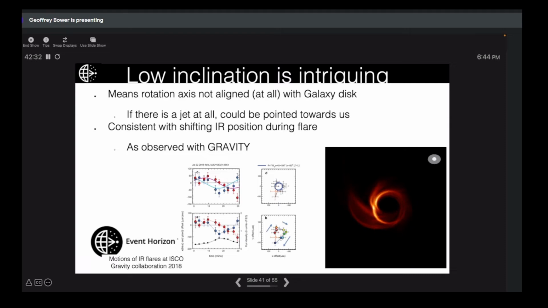But that low inclination angle, at least not edge-on, is certainly very interesting. It says that the inclination angle is not aligned with the galactic plane.